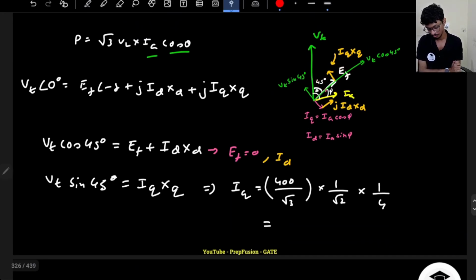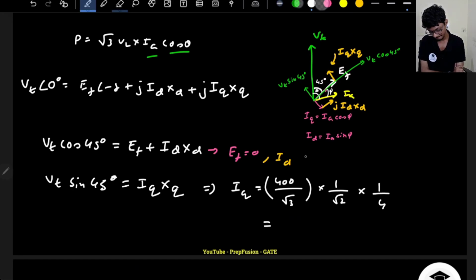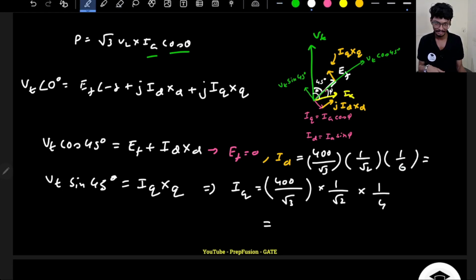So from here I can easily find out what my ID current is. ID current will be VT cos 45, so again the same thing, 400 divided by root 3 into 1 by root 2 into 1 by XD. 1 by XD is 1 by 6. So from here I will be able to find out my ID and IQ current, and from here I will be able to find out my IA current, right?